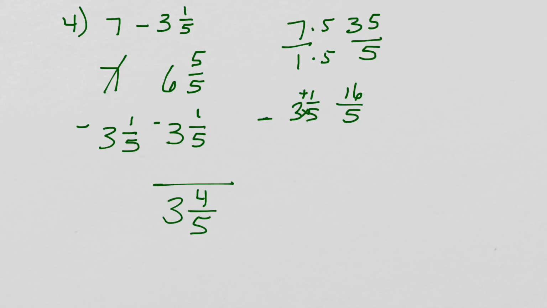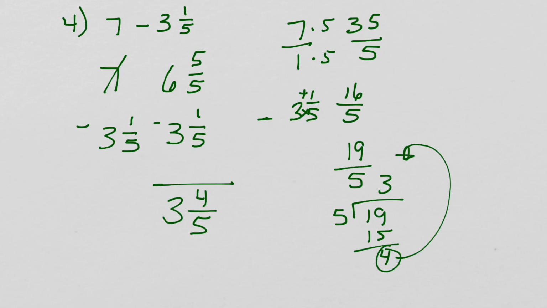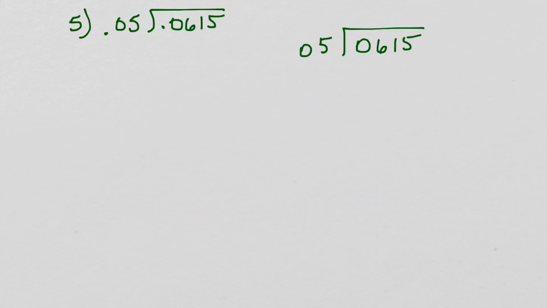Now I'm going to do 35 minus 16, which gives me 19 over 5. And then I'm going to put that into a mixed number. 5 goes into 19 3 times. 4 is left over, which makes my new numerator. And 5 stays my denominator. So I get the same answer.